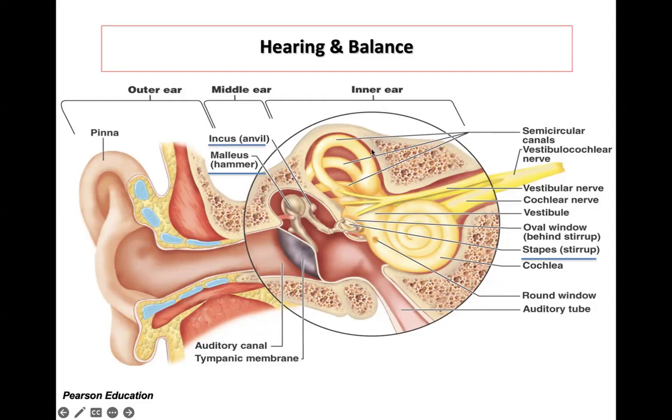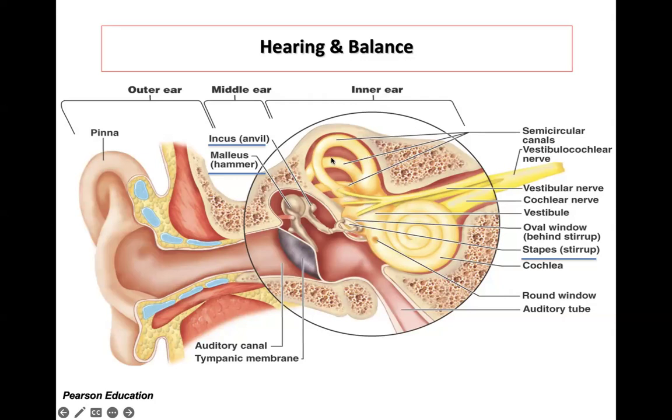The top part here, the semicircular canal, plays a role in regulating balance, okay, which we'll also talk about as well. Now you can see that there are nerves coming out from the inner ear, right? The nerve that comes out from the cochlea is the cochlear nerve, right? And there are nerves coming out from these areas.